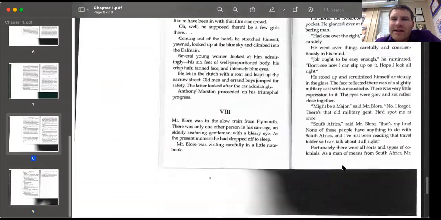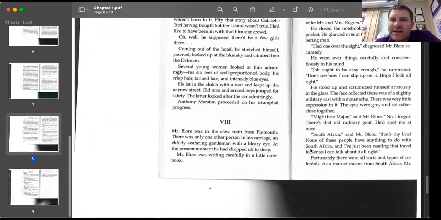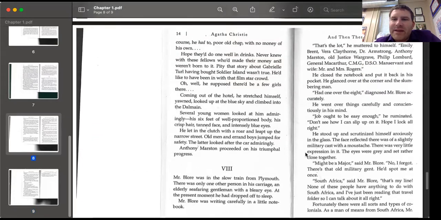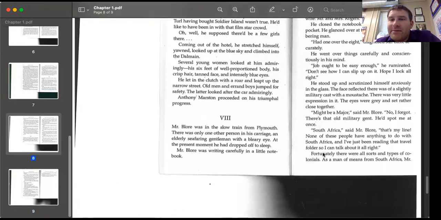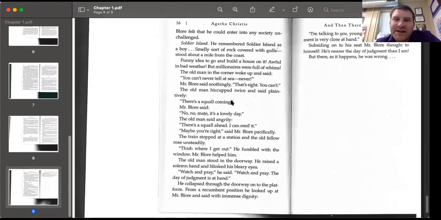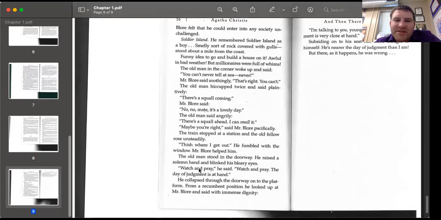At the very end, Bloor has an extremely interesting ending, 4 pages here, or 3 pages here. There's something very different about him compared to everybody else. And on top of that, he has a very interesting interaction with a person on the train who just says, watch and pray, the day of judgment is at hand.